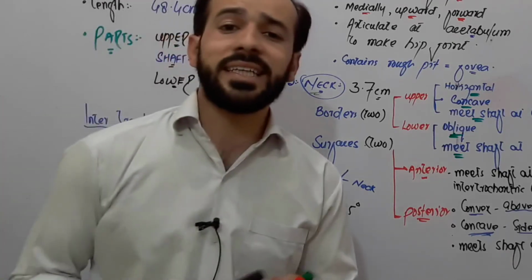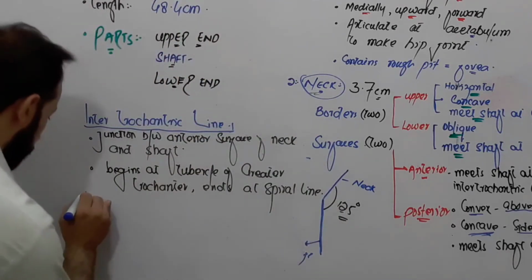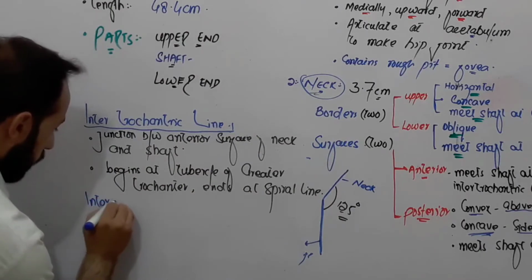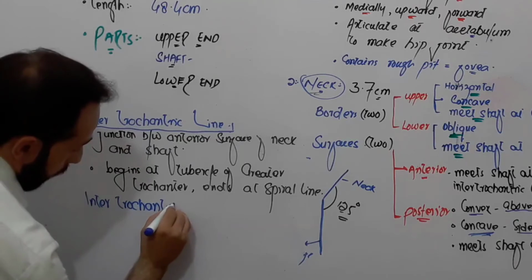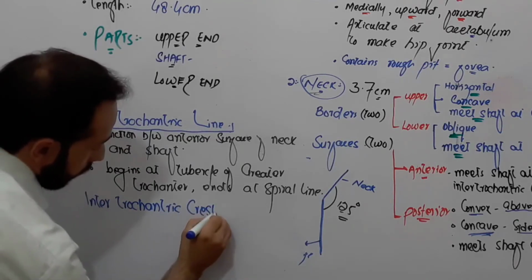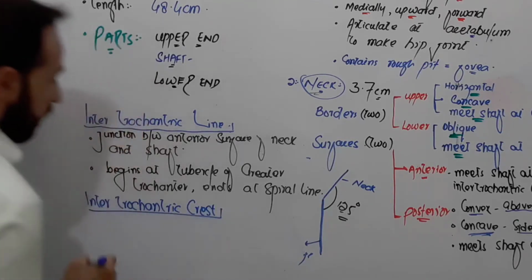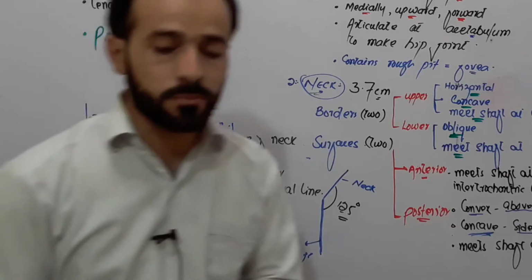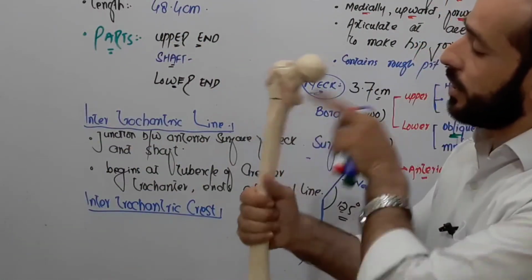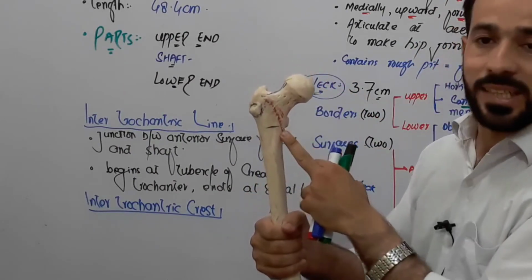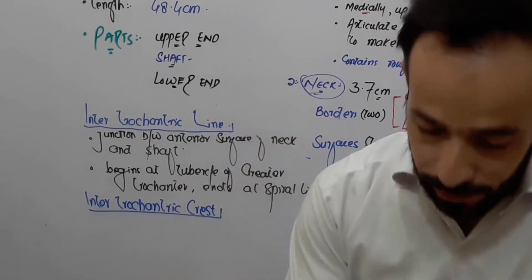Now about the intertrochanteric crest. Actually this intertrochanteric crest is located backward. It is located behind, right, posteriorly, and the line is located anteriorly, the crest is located posteriorly.